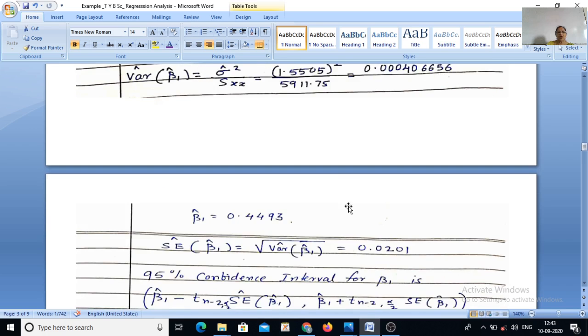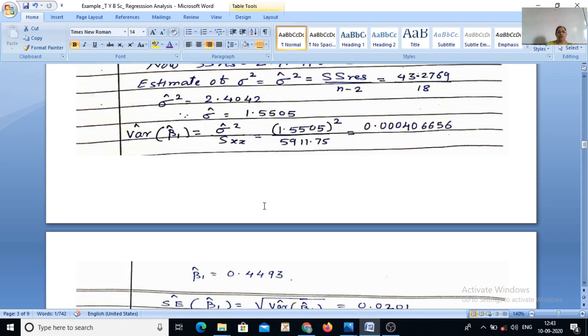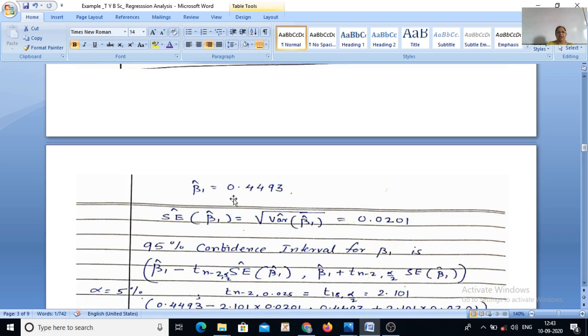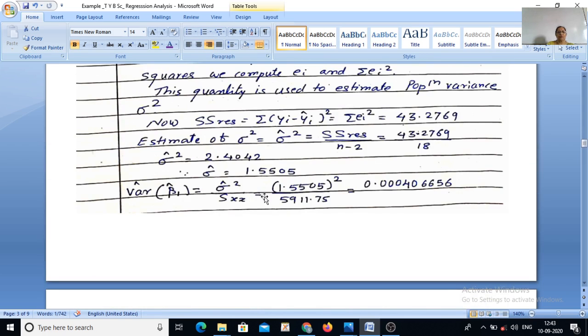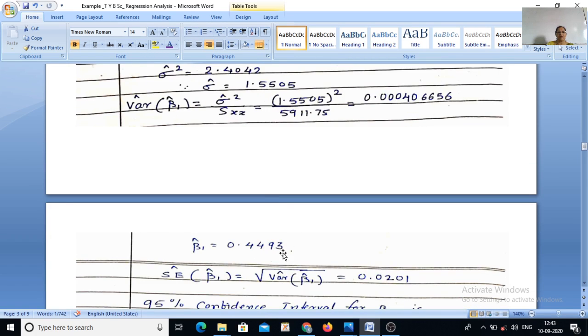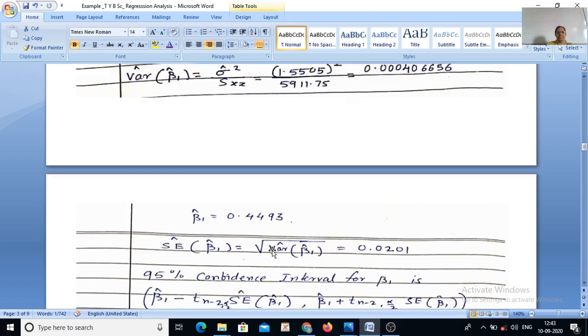The value is 0.004066. Now using this, the standard error of beta 1 cap is the positive square root of this value, which is equal to 0.0201. I require this in the next step, therefore I have written it here.